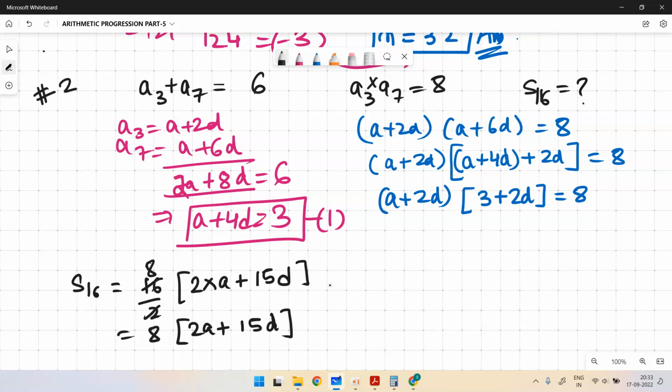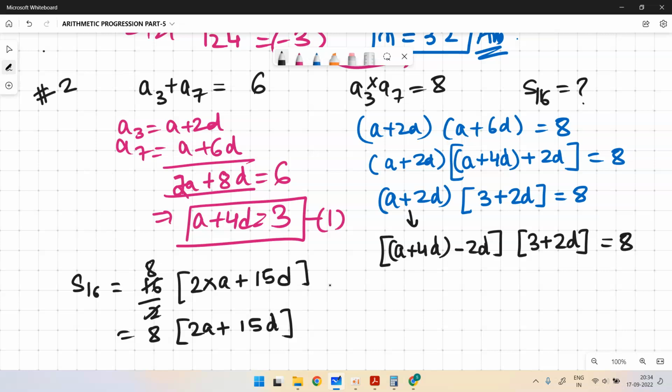Now, a plus 4d is known. I can write a plus 2d as a plus 4d minus 2d. You can even put a equal to 3 minus 4d and substitute it here, but doing it this way makes the process easy.